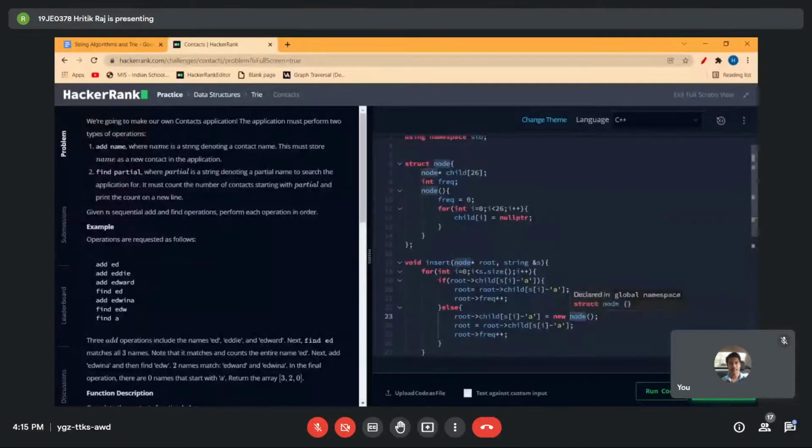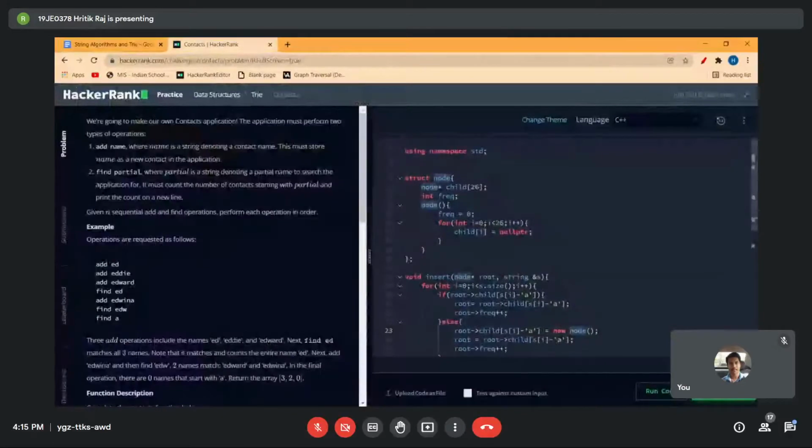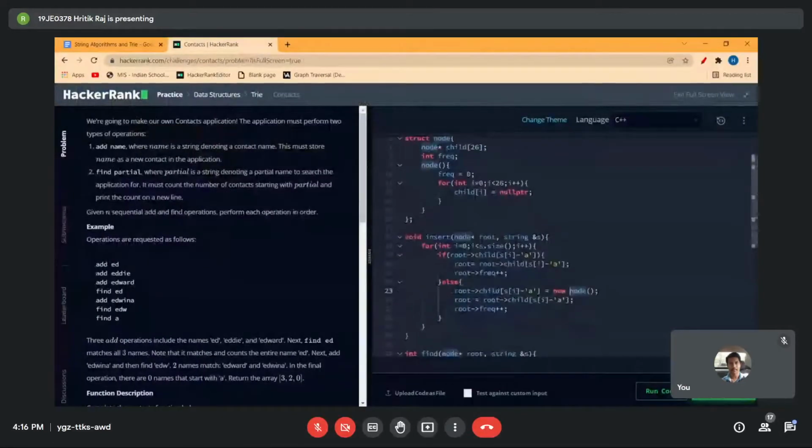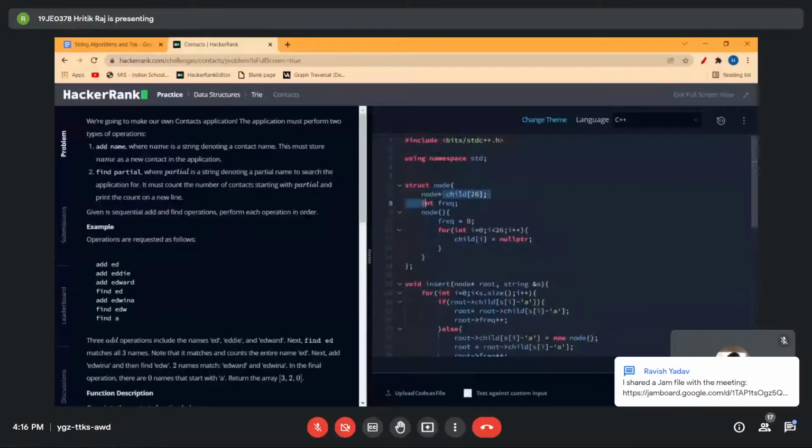If you read about pointers, you will come to know that there is an object, there is a class, then there is a pointer. Object is exactly the value of that class, but pointer is the address of that value, where it is present in the memory. Here the type of child we are taking is node star.